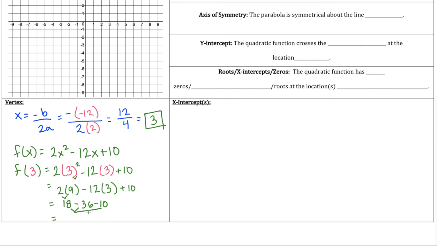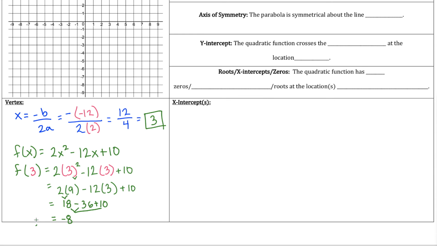Ooh, something feels a little off. Give me one second. Okay, cool, I caught it. This should say plus 10. Now let's do this. 18 minus 36 is negative 18. Negative 18 plus 10 is negative 8.